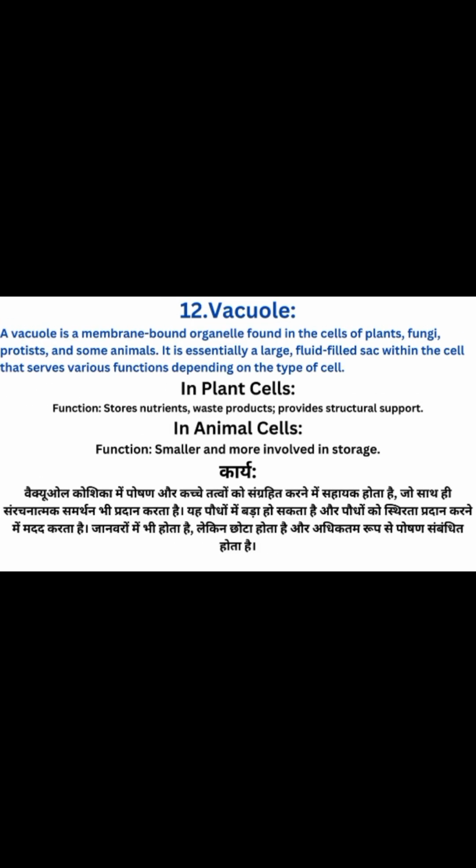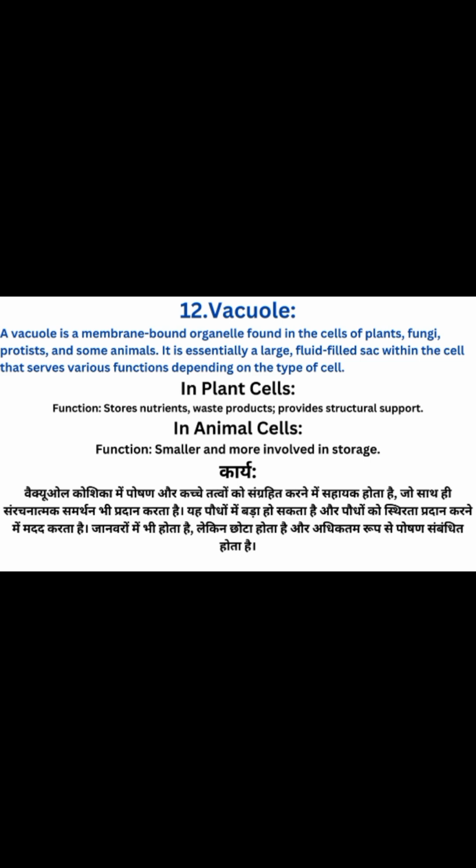Let's talk about the vacuole, a membrane-bound organelle found in the cells of plants, fungi, protists, and some animals. It's like the cellular storage room, a large fluid-filled sac with various functions depending on the type of cell. In plant cells, it is a multitasker, and the vacuole stores nutrients, holds on to waste products, and provides structural support.